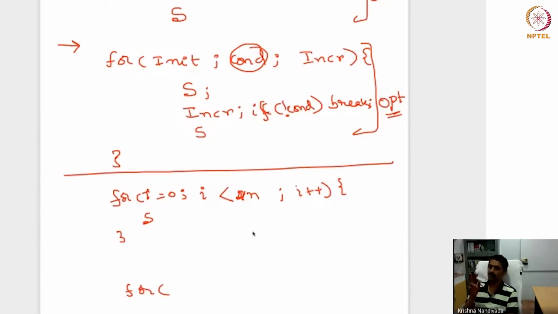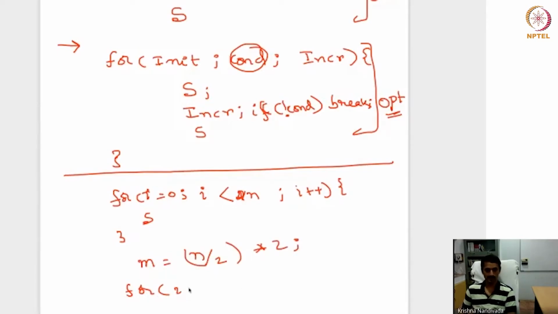There are two possibilities, right? N is a multiple of 2, or n is not a multiple of 2. I can write m equal to n integer division 2 multiplied by 2. Okay, I equal to 0, I less than m, I plus plus.